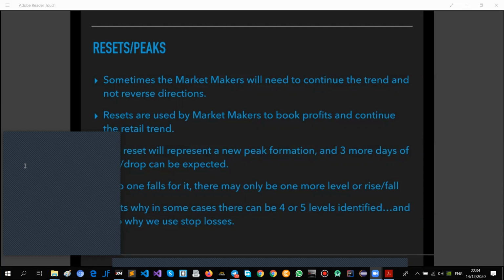So the resets are part of the reversal trade setup. They can happen on Monday. They are likely to happen on Monday, most of them. There's some secret that you can use to see the resets that we're going to talk about in the next session.